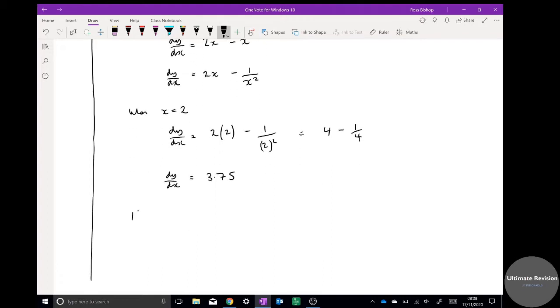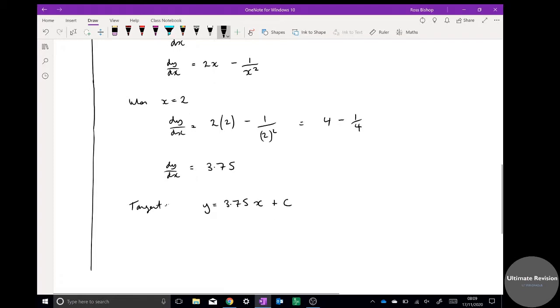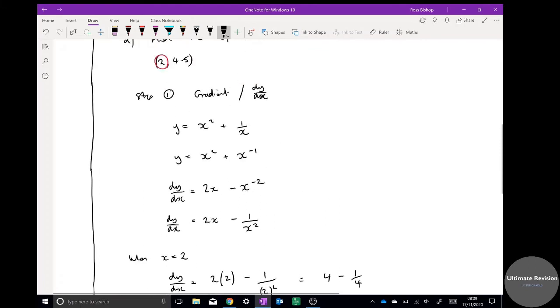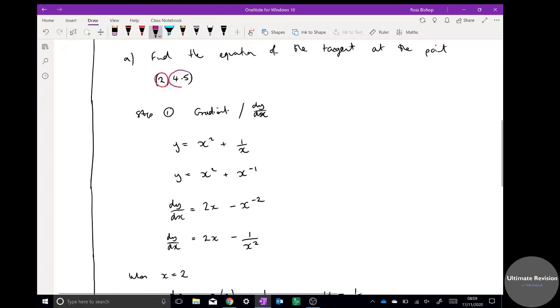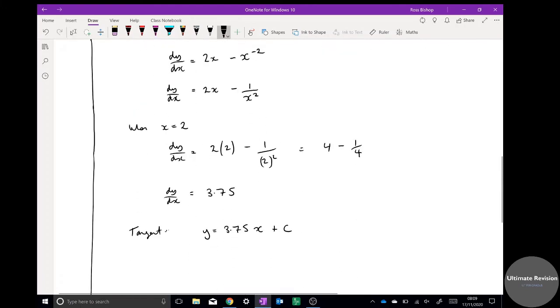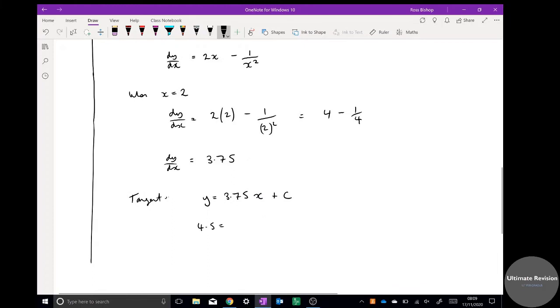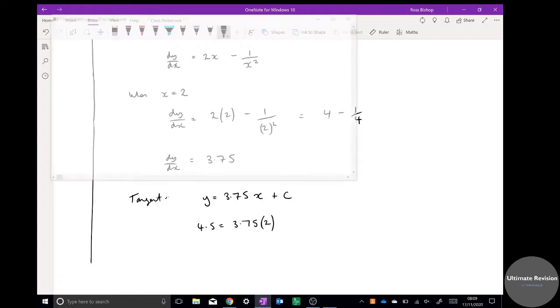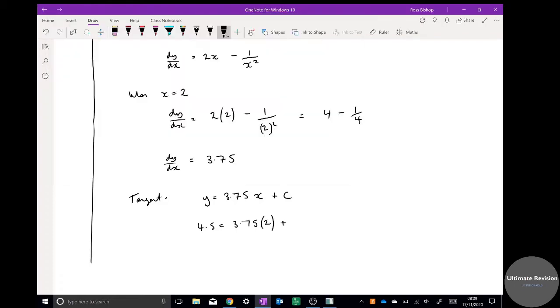My equation of the tangent is going to be y equals 3.75x plus c, and I use my coordinate right back at the start. I know that y is 4.5 and x is 2. So 4.5 equals 3.75 times 2 plus c.